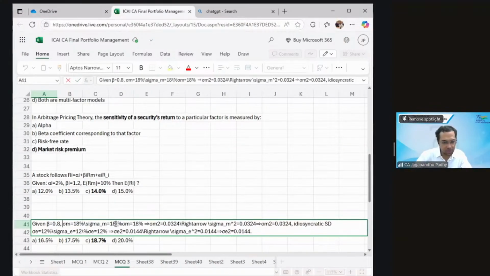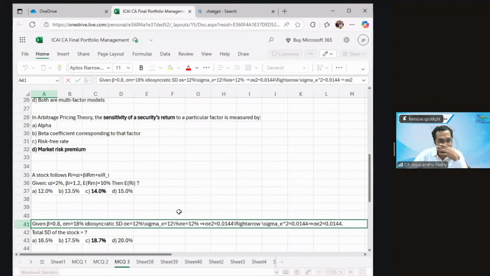You just have to substitute the values. It's 12. How much? 12 plus 2, 14. 14%? Not this one, earlier one.